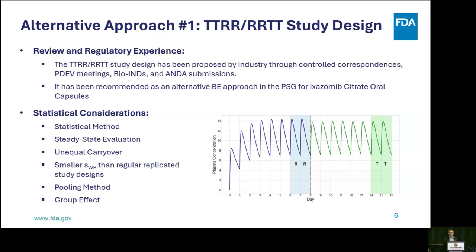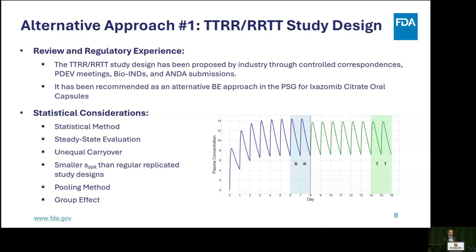First one is statistical method. This is not a typical fully replicated study design, but when you conduct statistical analysis, you can still use the conventional fully replicated study data analysis method.